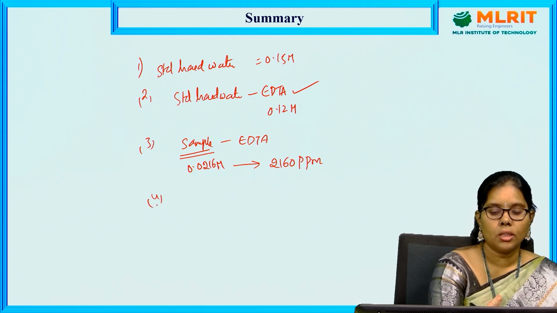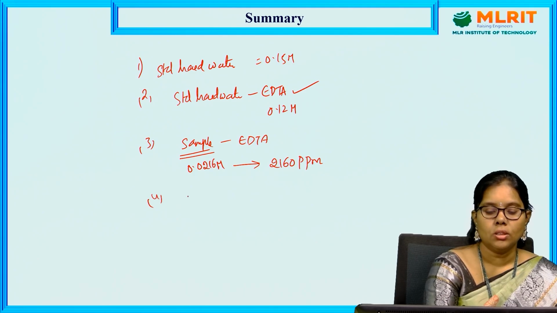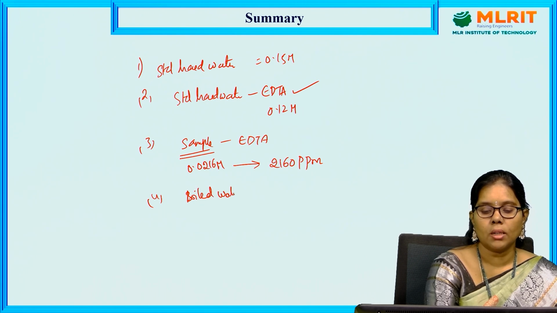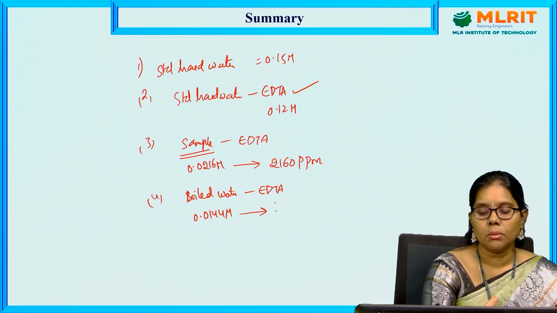In the fourth step, we boiled the water. So the reaction between the boiled water sample and EDTA gave the molarity of boiled water sample as 0.0144 molar, which is 1440 ppm of permanent hardness.